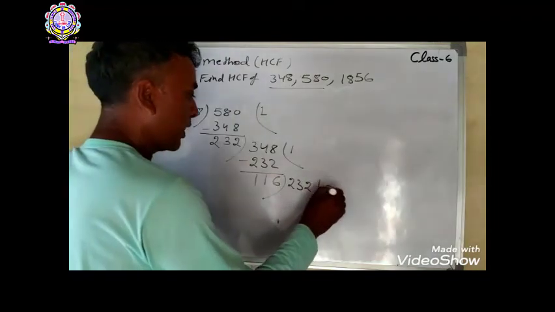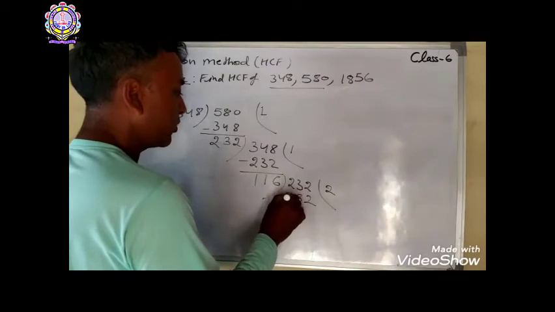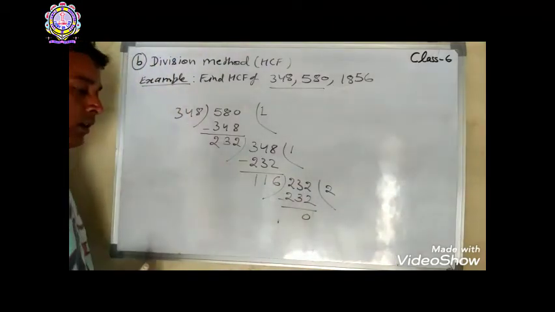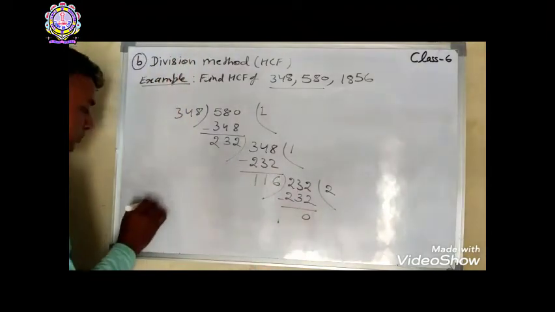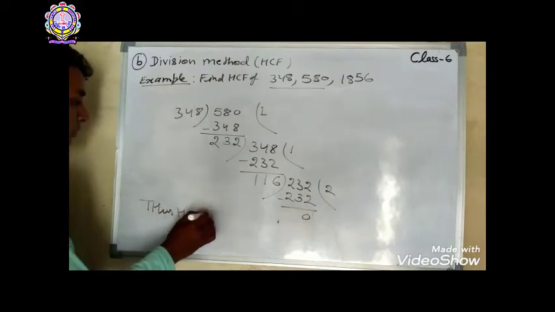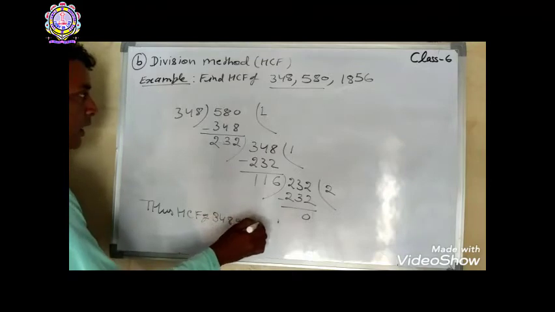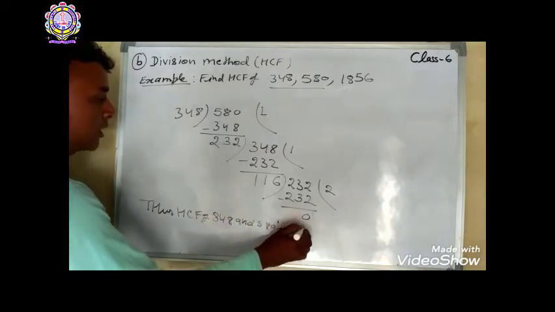It is divided 2 times. 2 6s are 12, 2 1s are 2, 2 1s are 2. You get 0. Thus, HCF of 348 and 580 is 116.